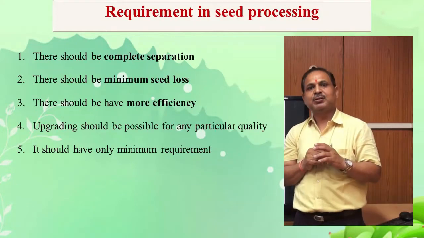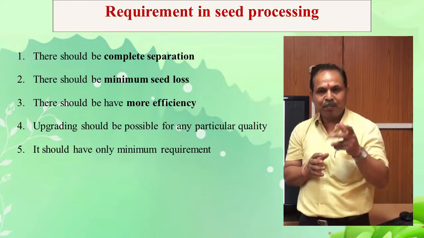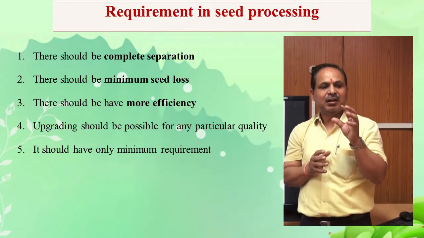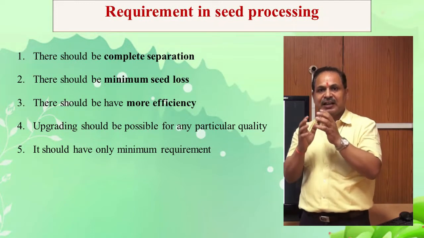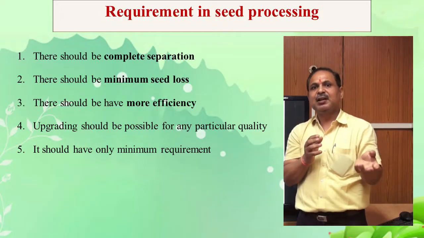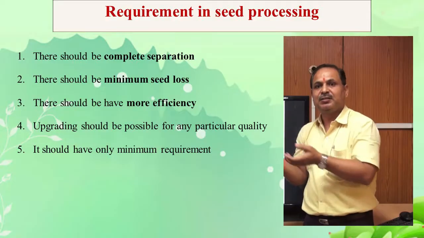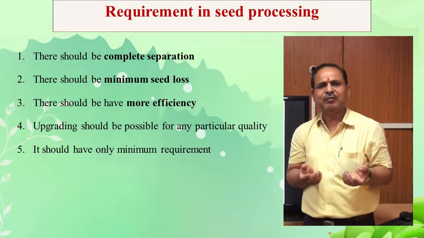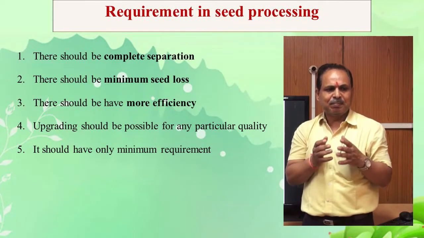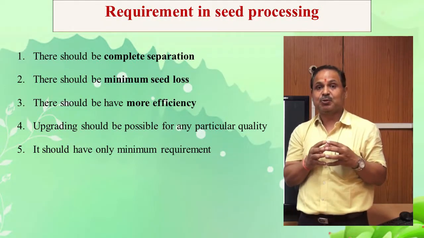Now we talk about seed processing. It requires some things for proper processing of the seeds. First, there must be a complete separation of the different components present in the seed lots. What I told earlier, the inert matter, the other crop seeds, the wheat seeds, a number of components must be completely separated, so the proper equipment should be there.